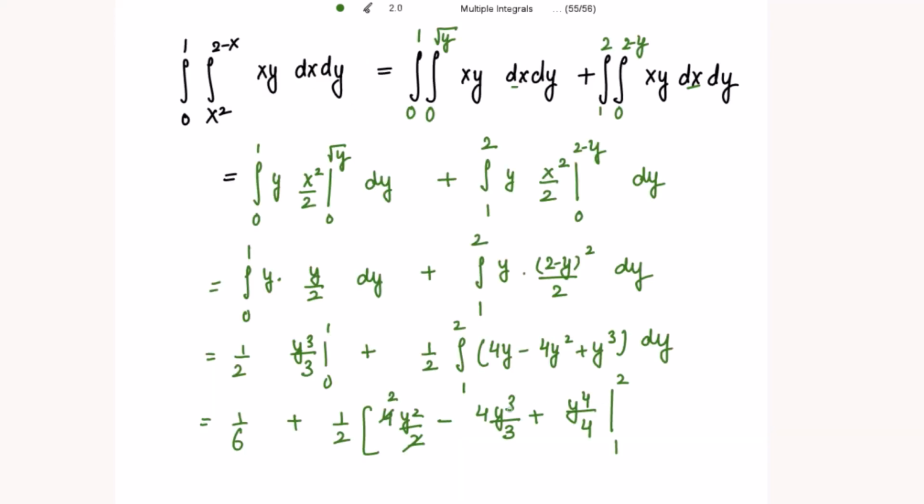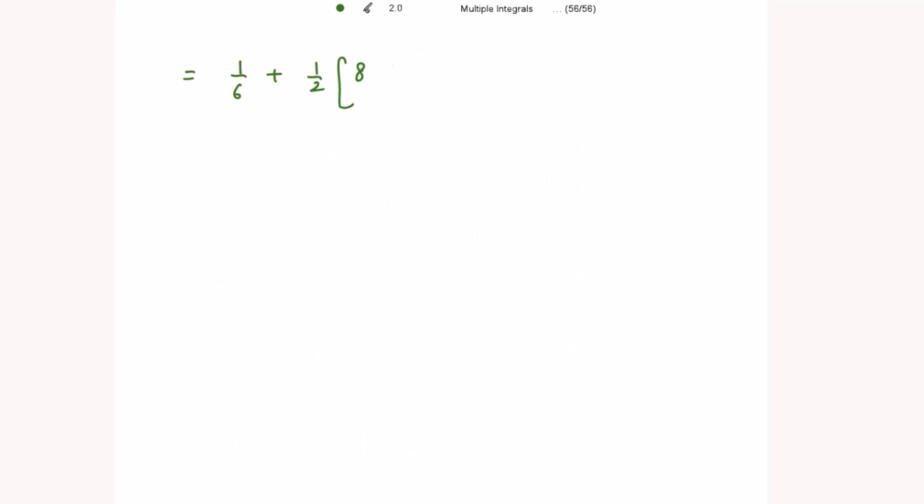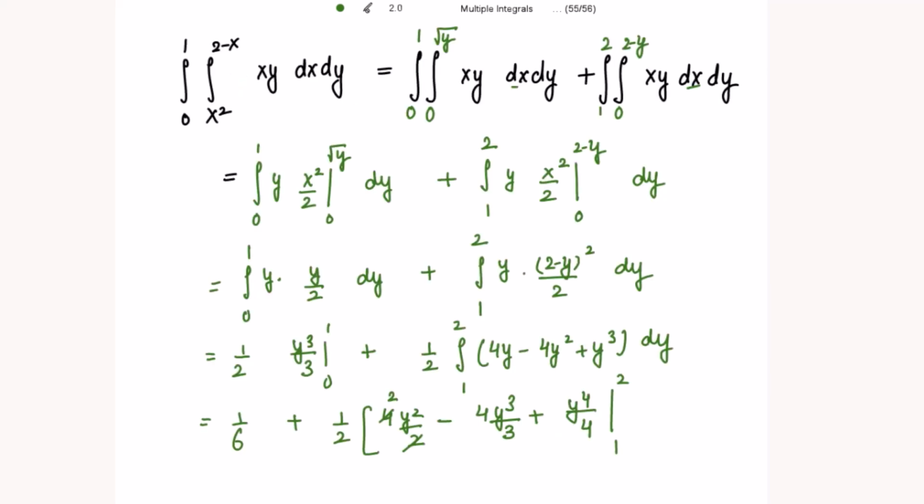And then putting 2 again, it will become 4 into 8 over 3, that is negative 32 over 3. And after that you get 2 to the power 4 over 4, which will give you 4.